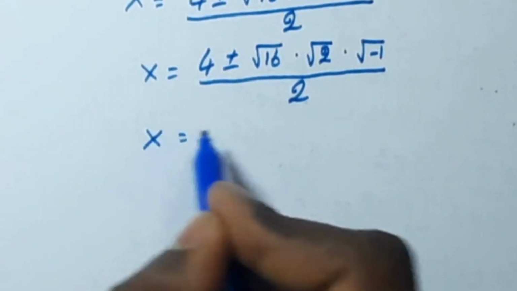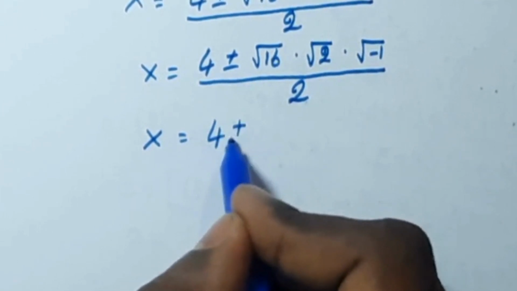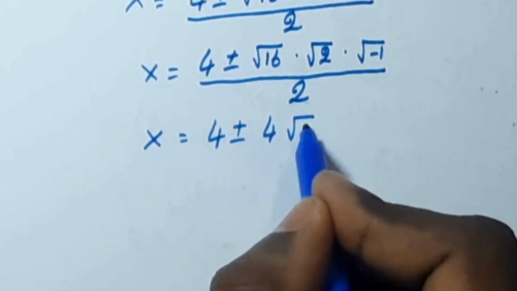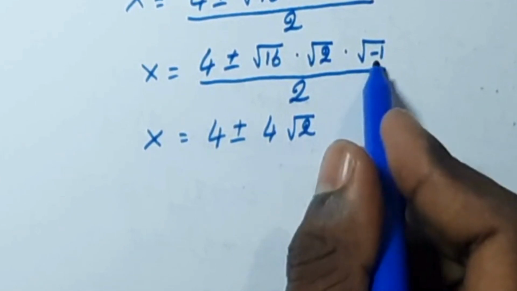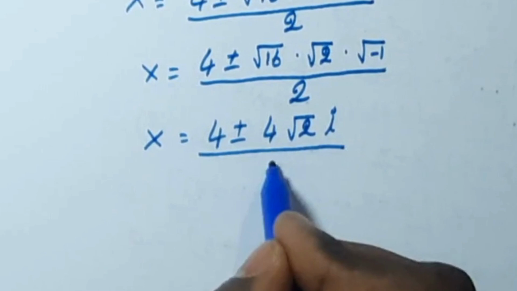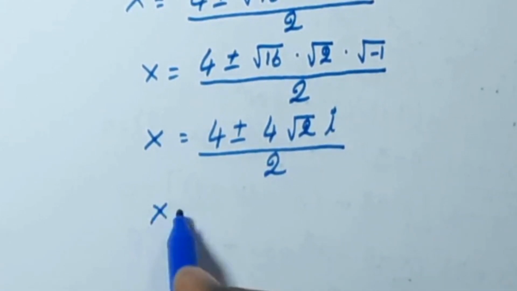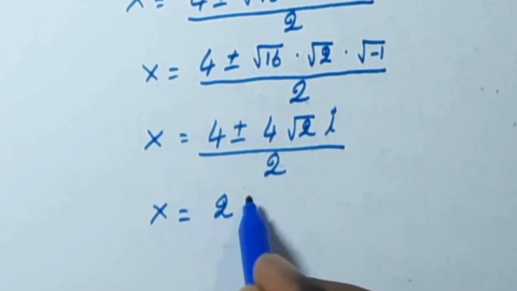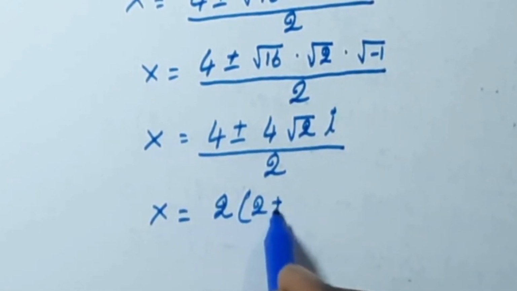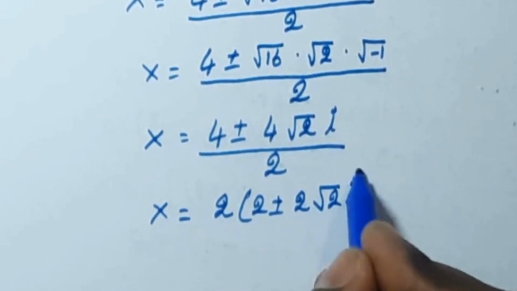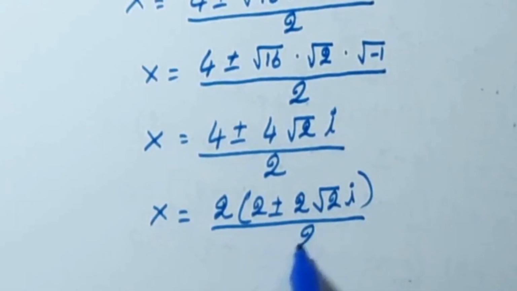Now x equal to 4 plus or minus square root of 16 is 4, square root of 2, square root of minus 1 is i, 4 square root of 2i by 2. Taking 2 common out, 2 times 2 plus or minus 2 square root of 2i by 2.